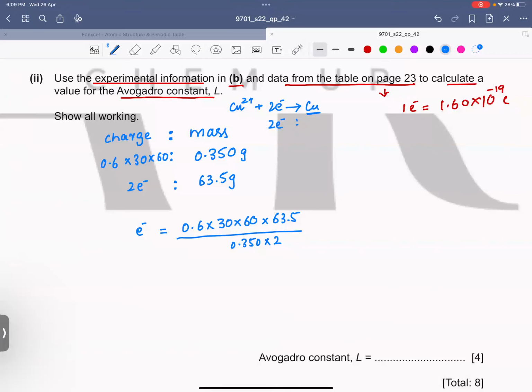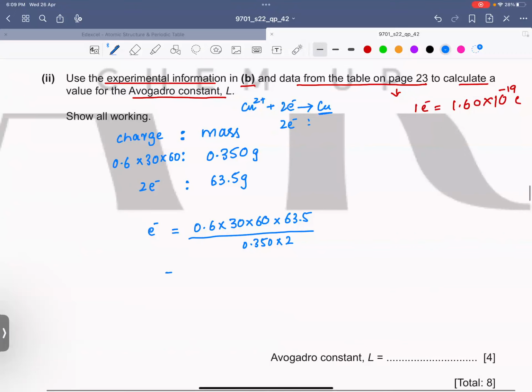Sir, 97971. Sorry? 97971. 97971, right? Yes. These are the coulombs that are carried by 1 mole of electrons.